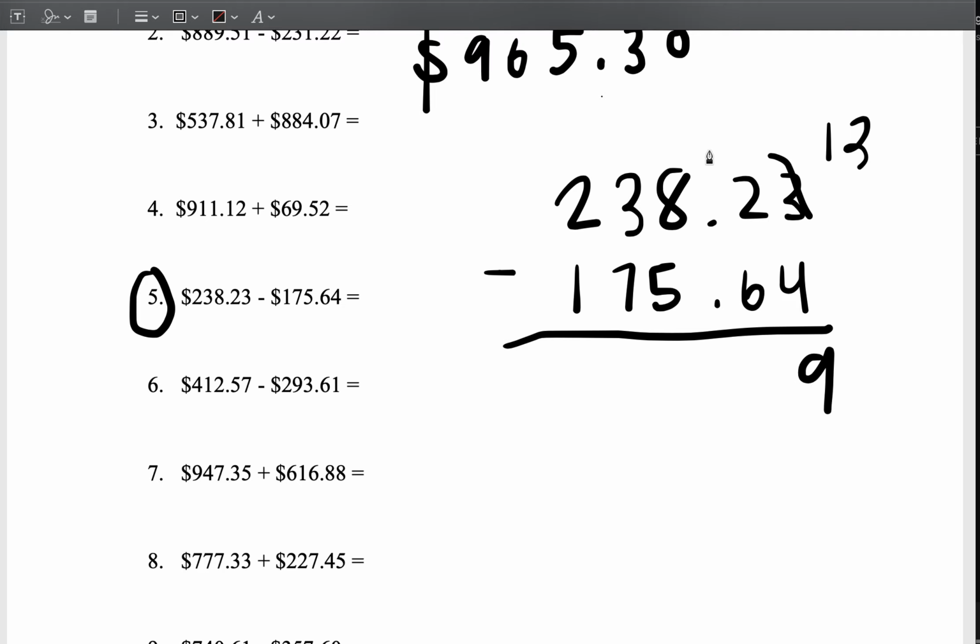And then since you borrowed from here, change it to a 1. 1 minus 6 you can't do, so add another 1. 11 minus 6 is 5.